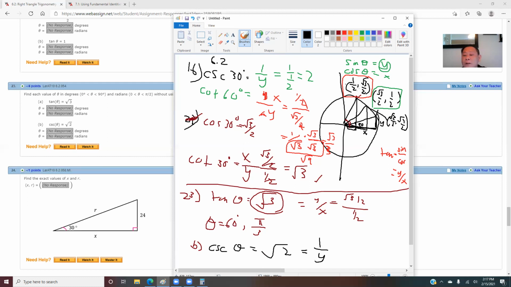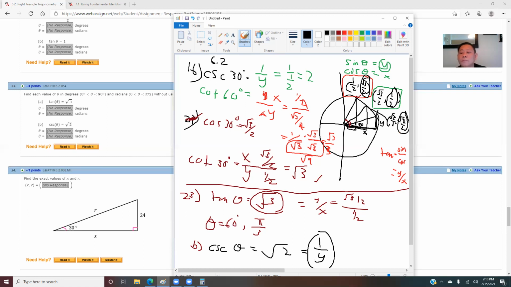If you take a look at your y values here, all three of these: root 3 over 2, root 2 over 2, and half. 1 over y means you flip it. Because cosecant is 1 over y, if you take all these y values and flip them, which one of these will give us square root of 2?